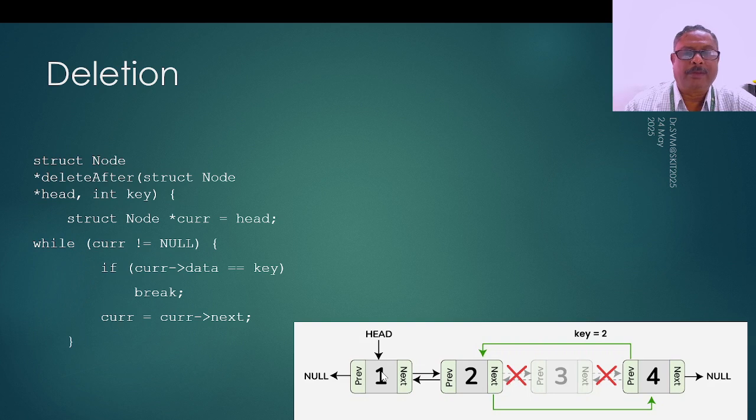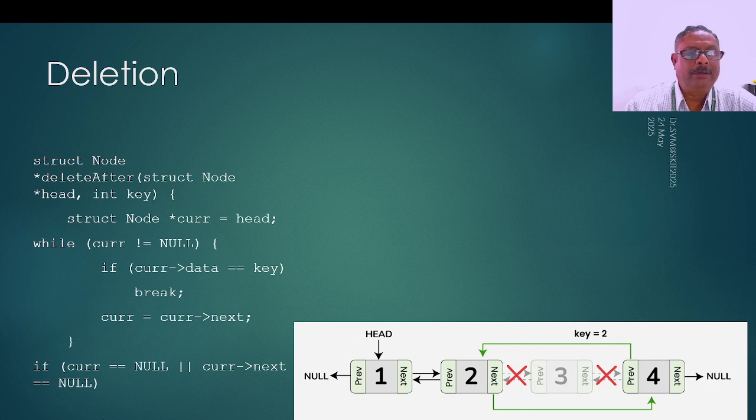So we are looking for key equal to 2. We begin from the head. Is this equal to key? No. Then go to the next. Is it equal to key? Yes. Break. So when we break, the node called current is the node having value equal to 2 in our example.